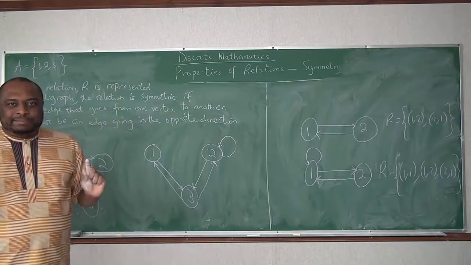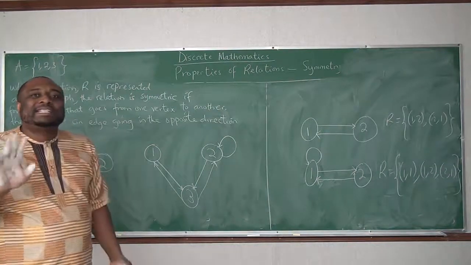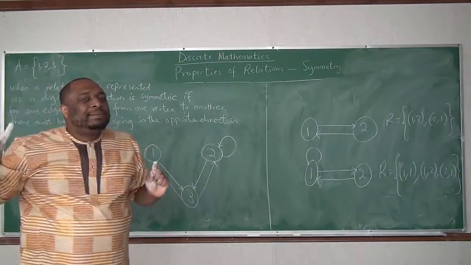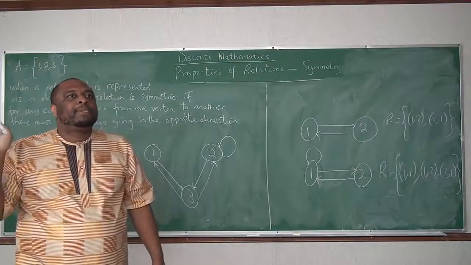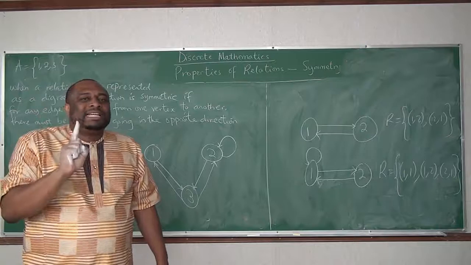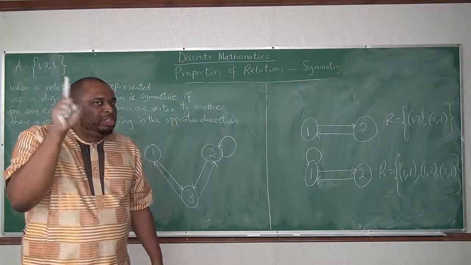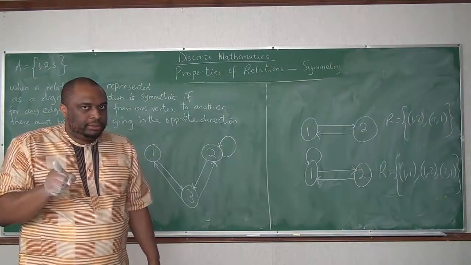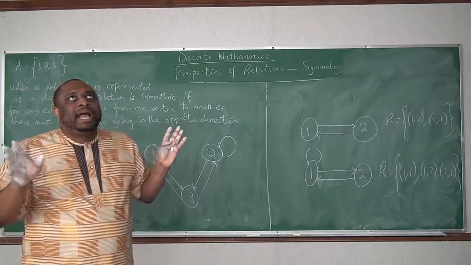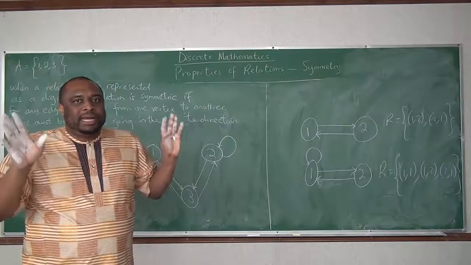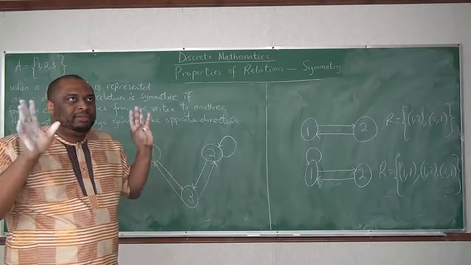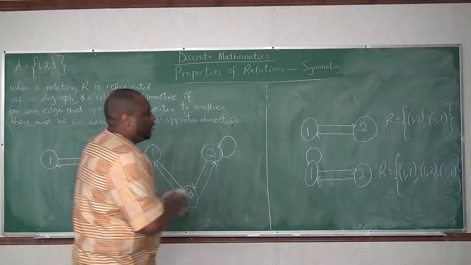And what of antisymmetric? Remember, when we did it as sets and matrices, with antisymmetric, if we have 1, 2, we should not have 2, 1. I'm going to explain antisymmetric and asymmetric together so that you can have an idea of both of them.